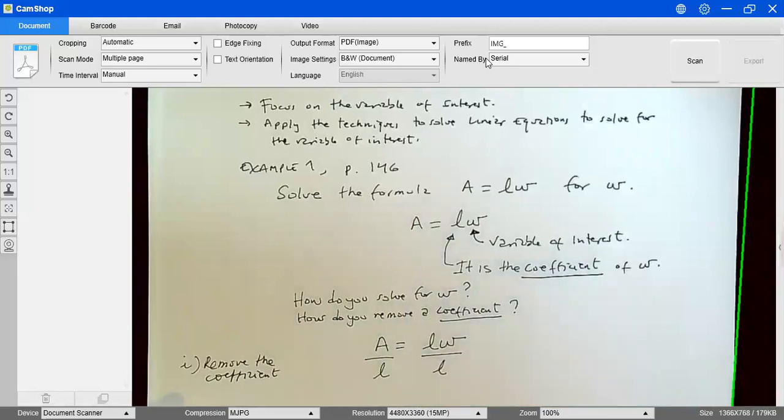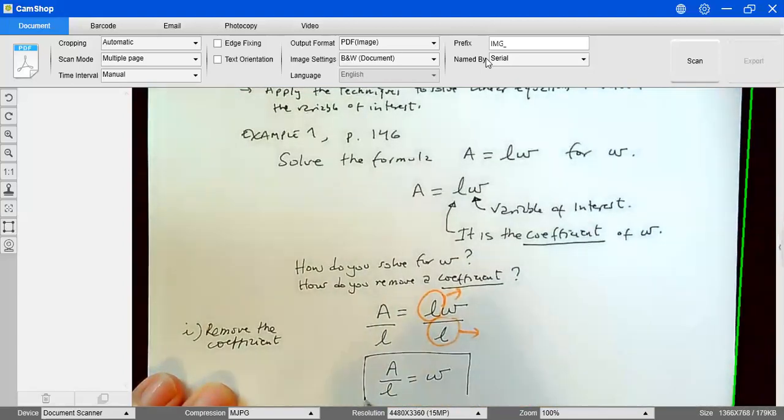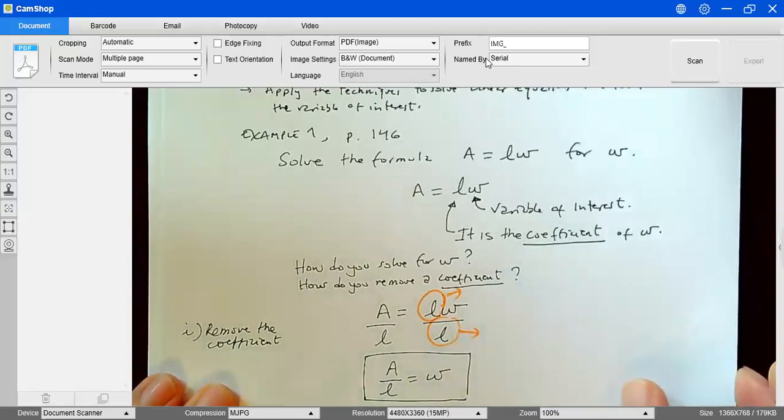The coefficient is L. So that's the way that you remove this coefficient here by dividing by L. So you're going to end up with A over L equals W. And that's the solution for this problem. So we wanted to isolate W. When we know that we are solving for a variable, we are isolating the variable. That's the meaning of solving for. So we remove the coefficient in this case, so that's the answer.